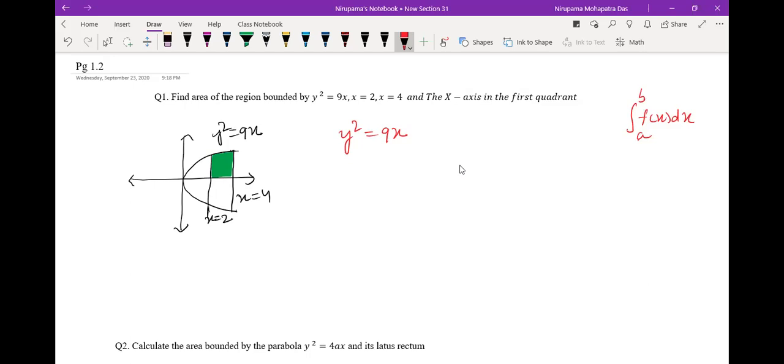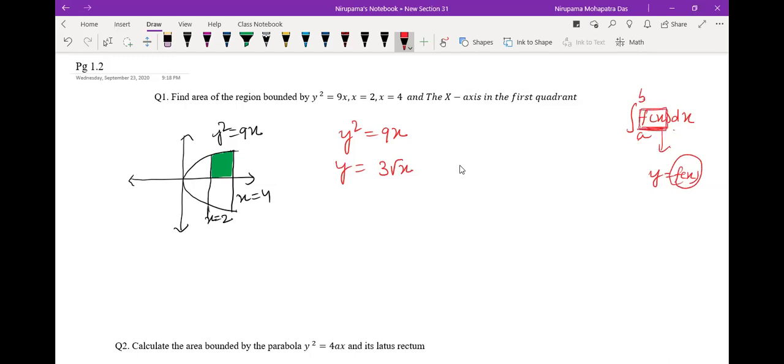Now f(x) dx means it should be in y equal to f(x) form. So y of the curve, that means y equal to 3 root x. So we have to write y equal to f(x) form, so that the integrand should be a function of x.